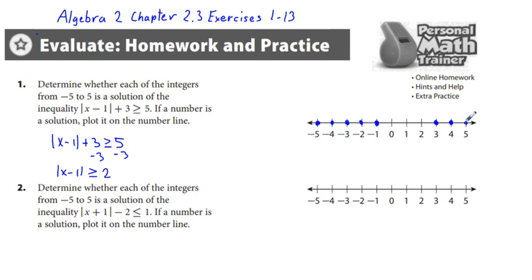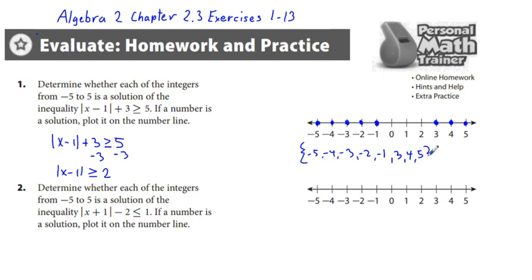So here we have all the solutions graphed on our number line, and if we put those solutions in set notation, we would write them as -5, comma -4, comma -3, comma -2, comma -1, comma 3, comma 4, comma 5.